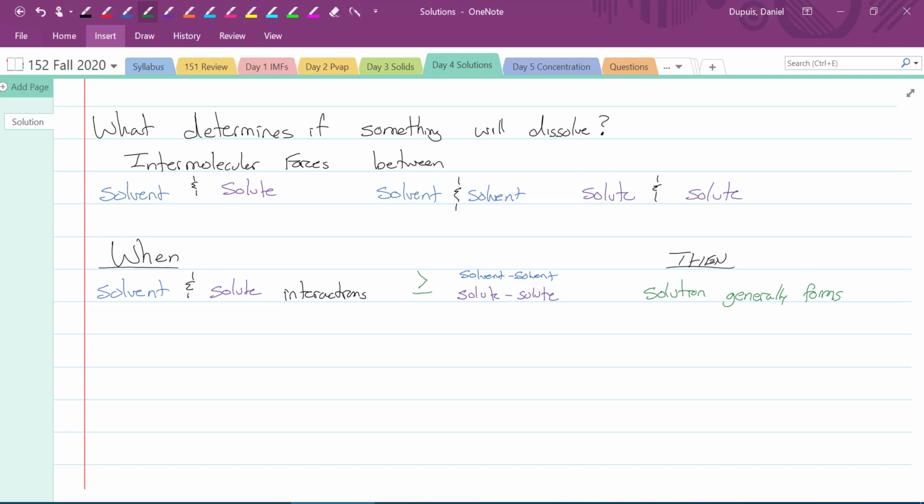But when the solvent-solute interactions are greater than or equal to the solvent-solvent or the solute-solute, then the solution generally forms.